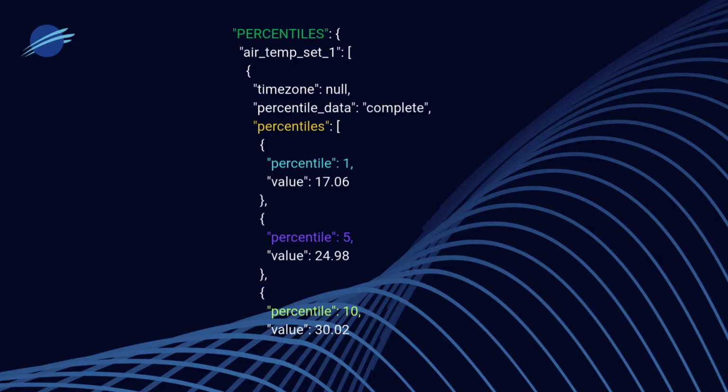Synoptic's percentile service is ideal when you want to understand extreme or rare conditions without examining every observation individually. They complement statistics requests by showing where values fall in the historical distribution rather than just minimum, maximum, or average values.